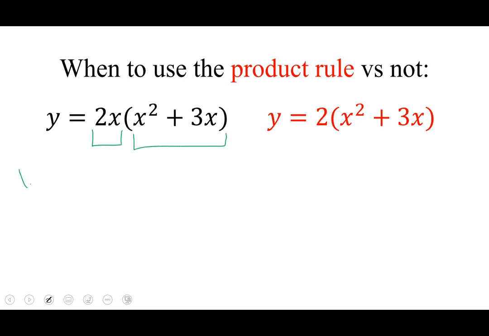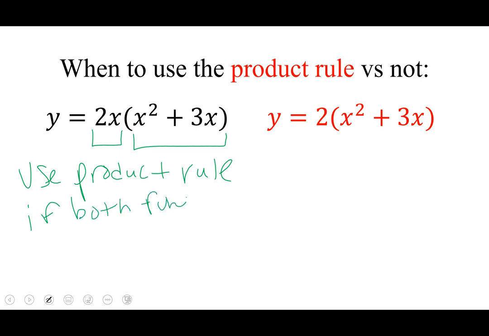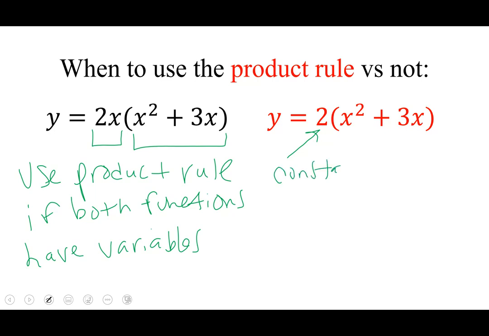If both of them have variables, you're going to use the product rule, if both functions have variables. Over here on the right, notice that the 2 that's out front is simply a constant.